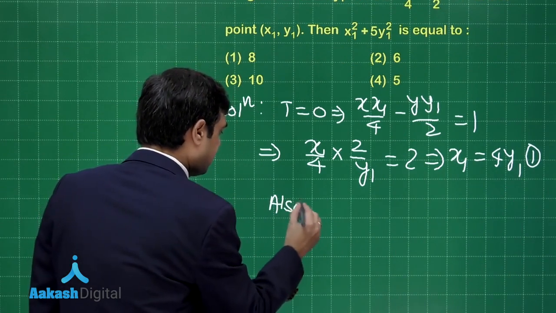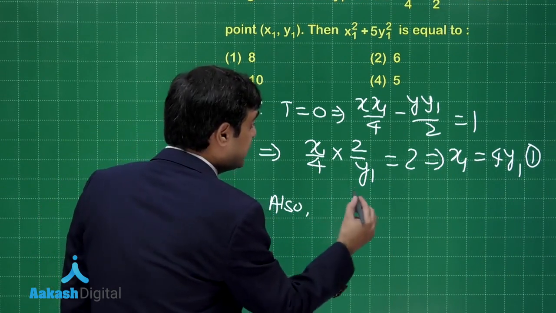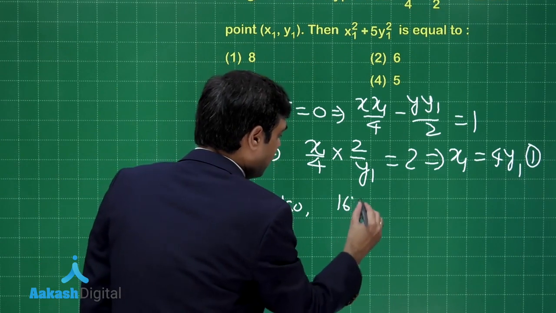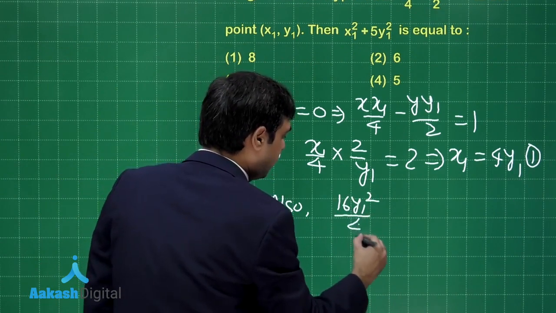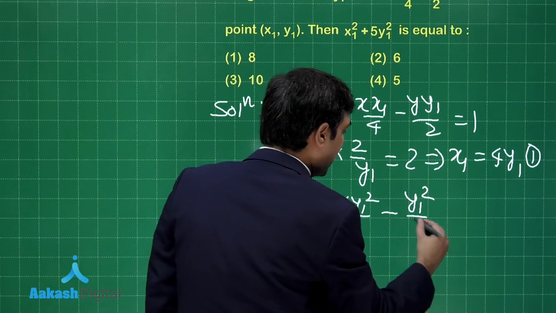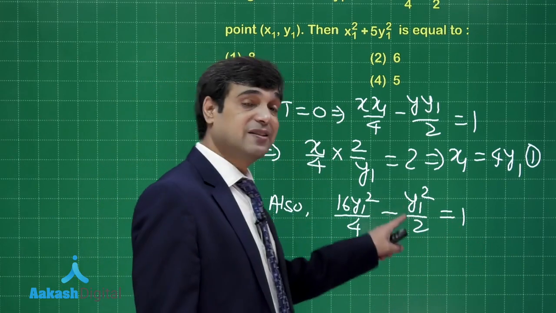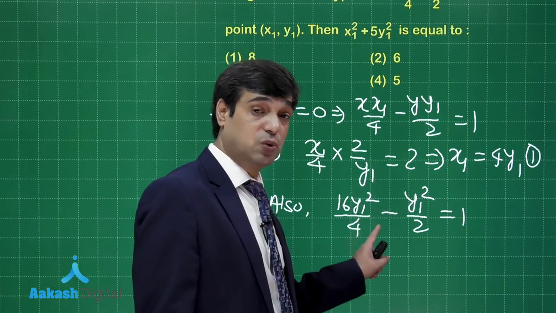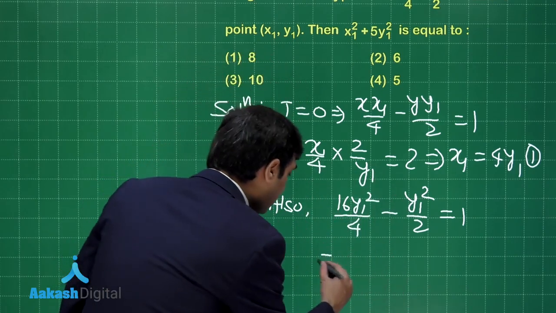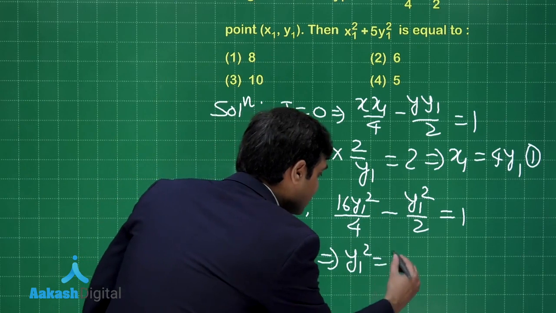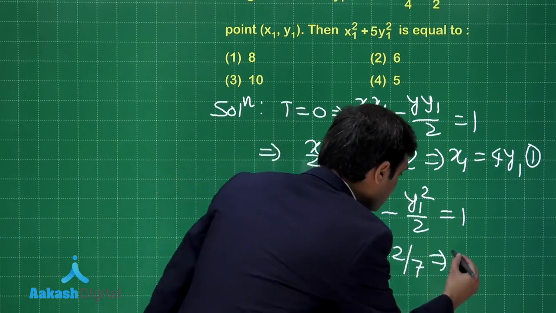Also, we have x1 square, that means 16 y1 square upon 4 minus y1 square upon 2 is equal to 1. That means 4 minus half, that is 7 by 2, y1 square is 1, giving you y1 square is 2 by 7.